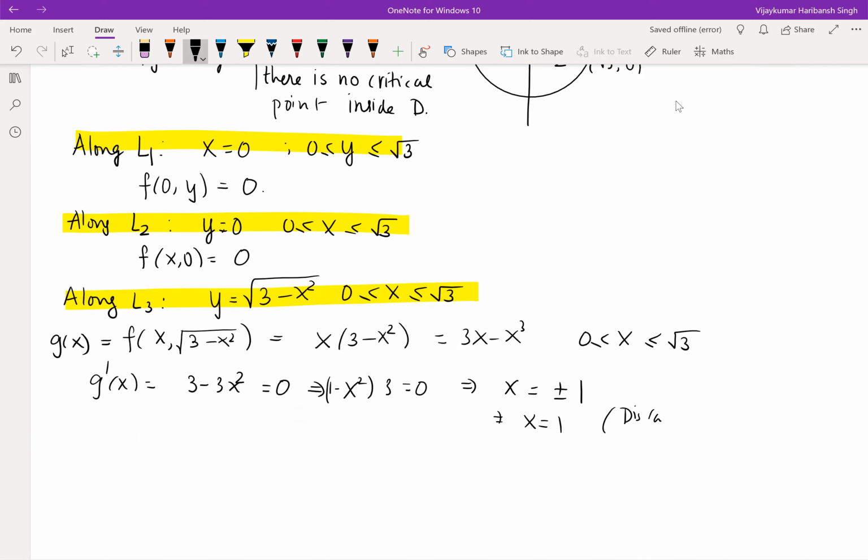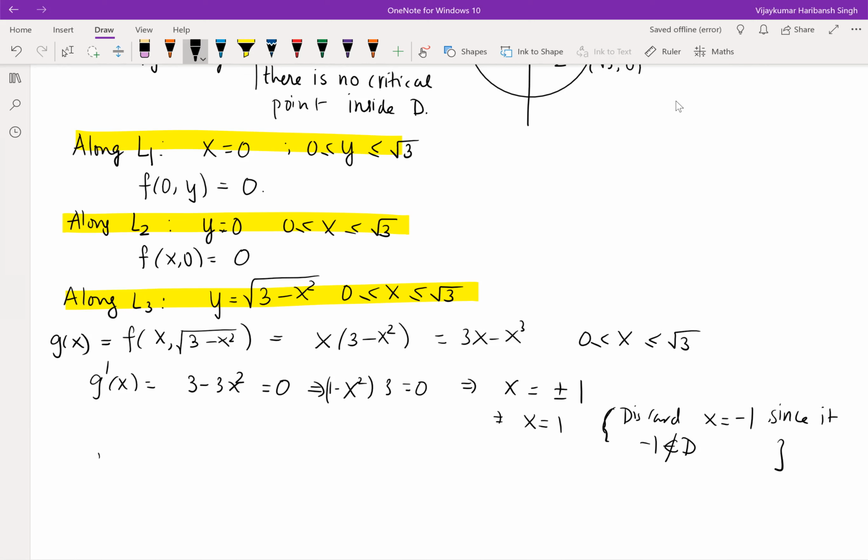Discard x equals to minus 1, since minus 1 does not belong to D. So we have minus 1 does not belong to D. So we'll only be interested in 1 at the moment. Now, let's see.